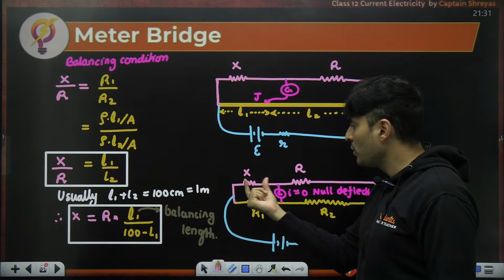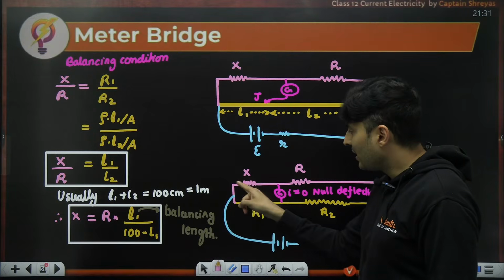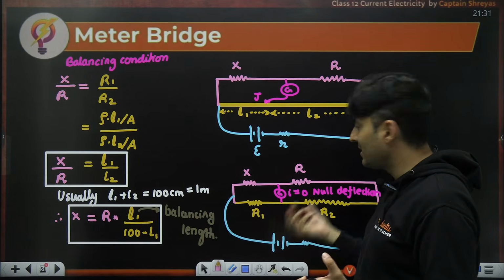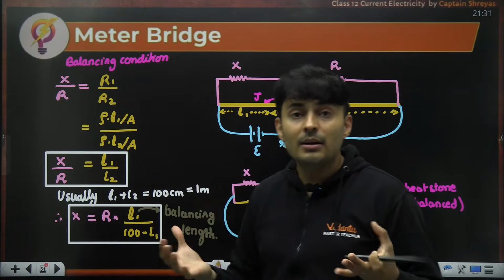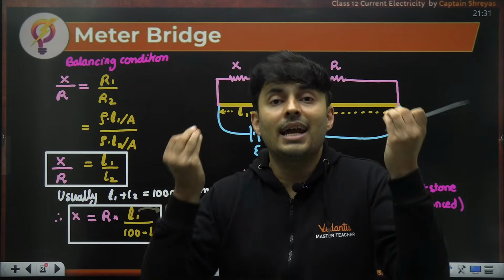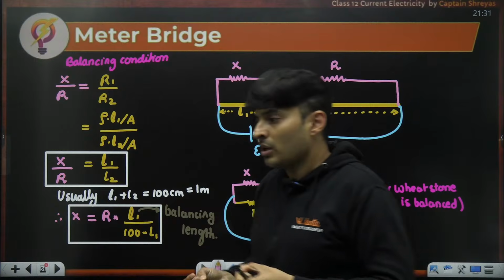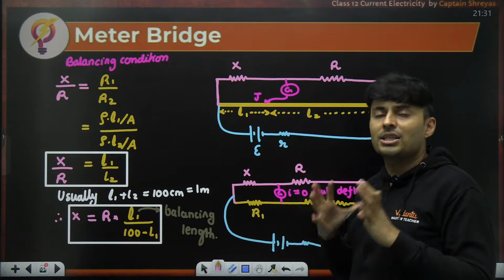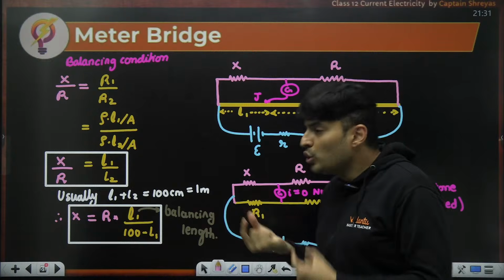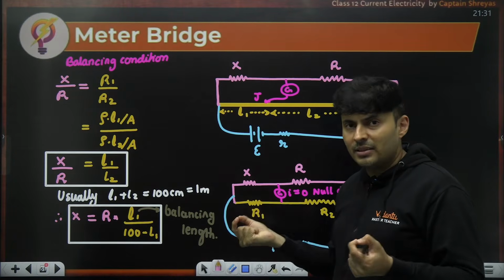I've just assumed pure resistances here, but the connecting wires might also have some resistance on the left side and right side. So there might be a need for something called the end correction. Sometimes the end correction might be given. End correction is usually given in terms of length.